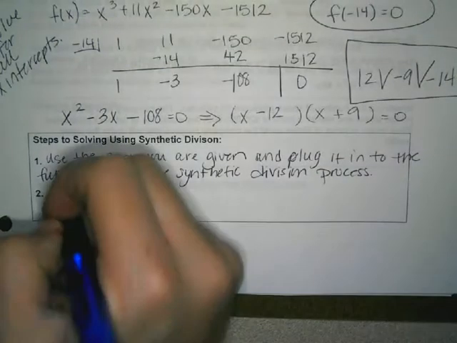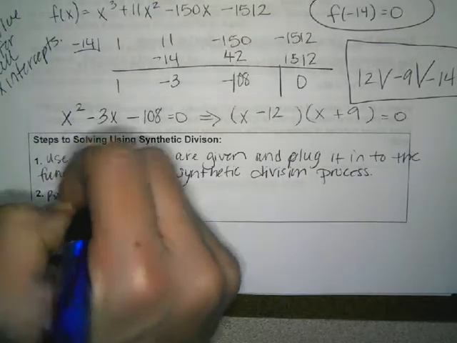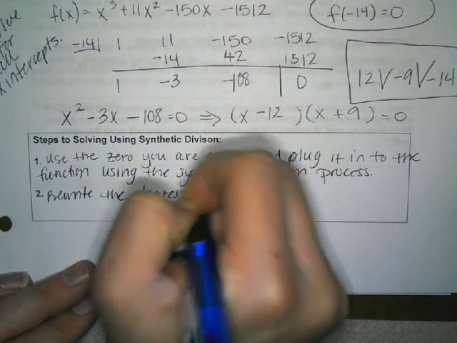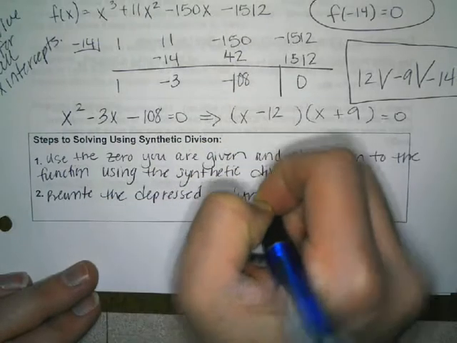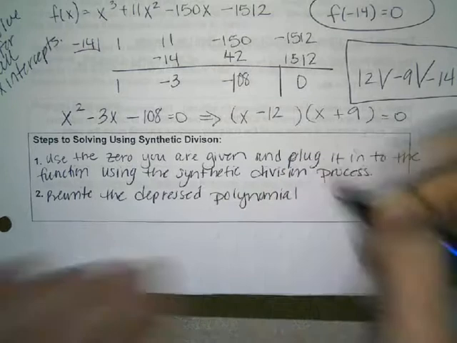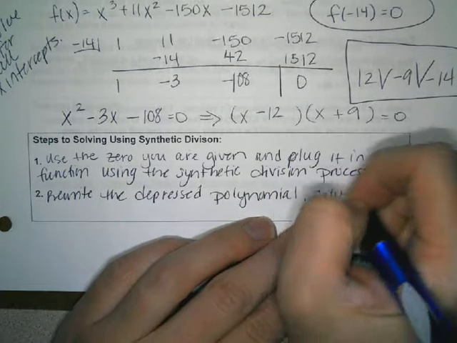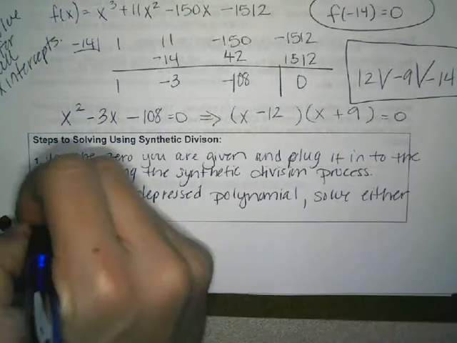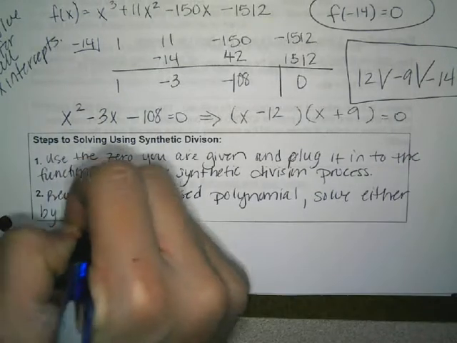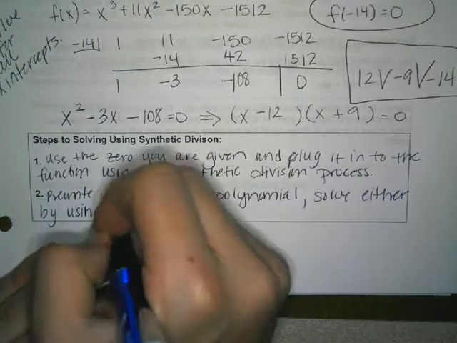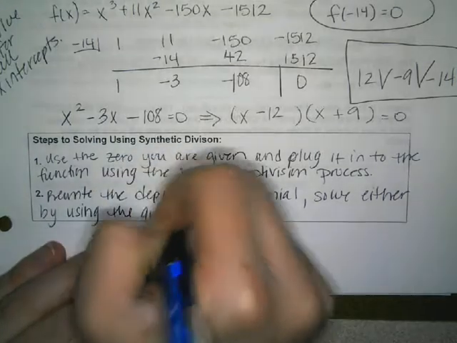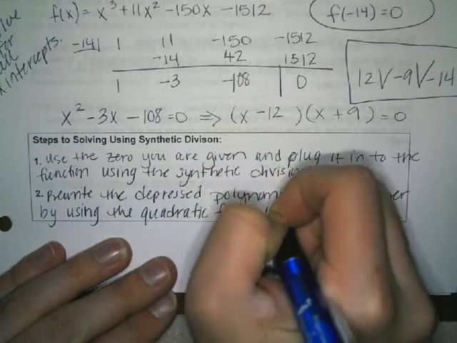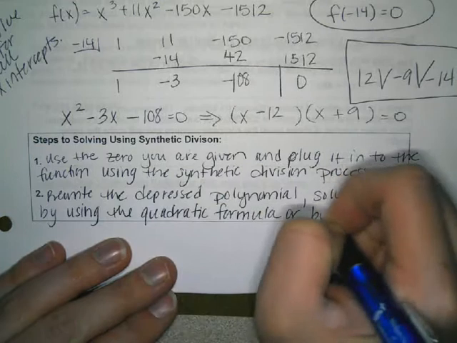And the second step would be to rewrite the depressed polynomial and solve either by using the quadratic formula or by factoring.